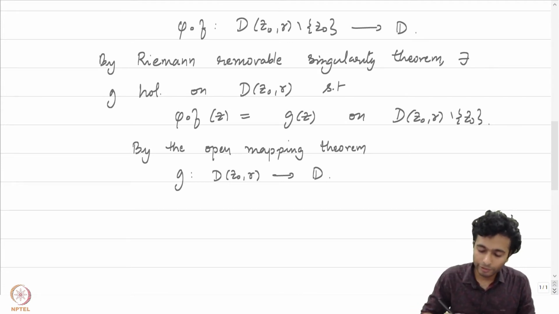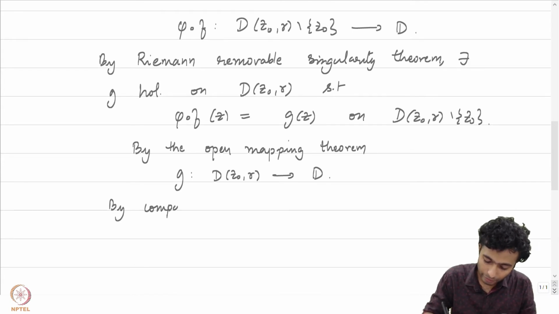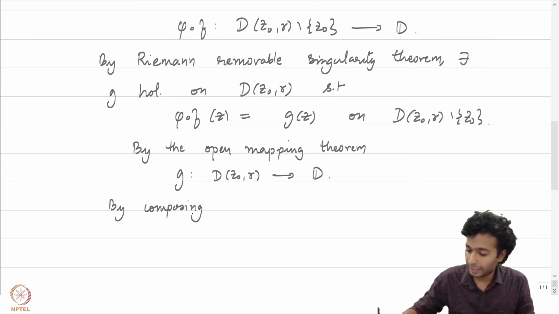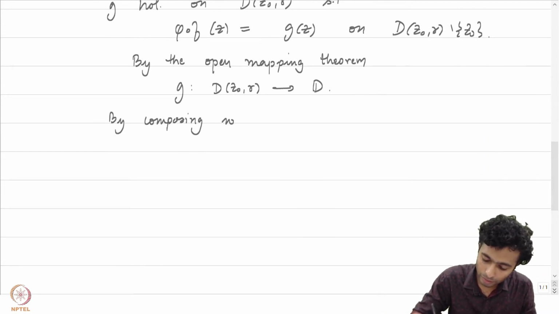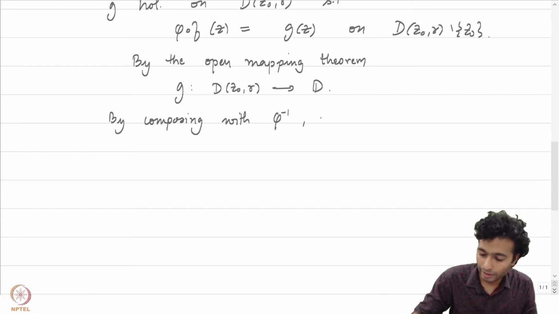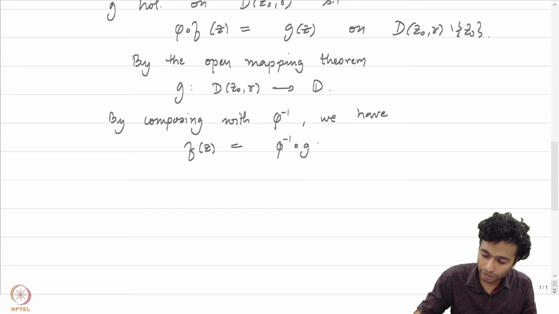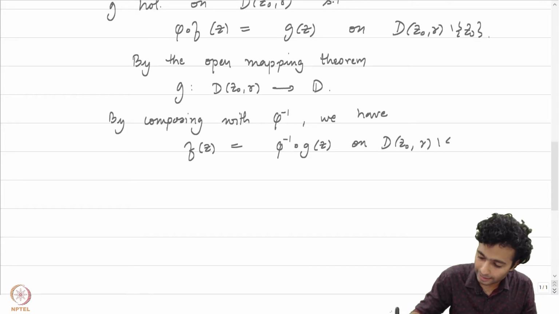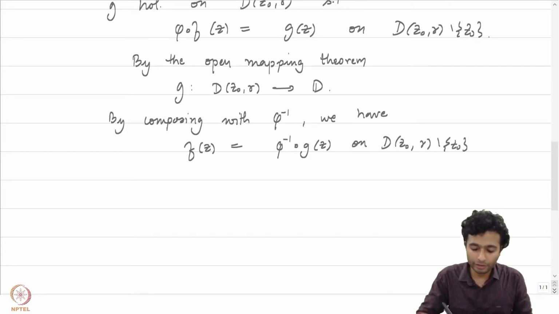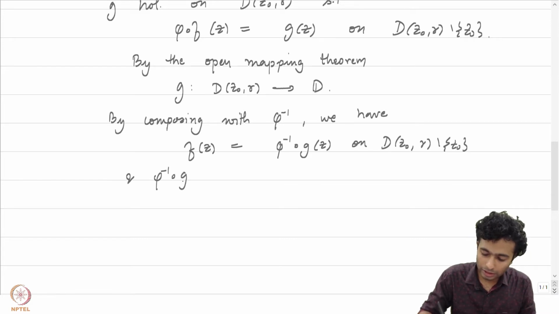That is good because now if you compose with phi inverse, which is a map from D to H, this composition makes sense. We have f of z is equal to phi inverse composed with g of z on D(z0, r) minus z0, and phi inverse composed with g is holomorphic on D(z0, r).